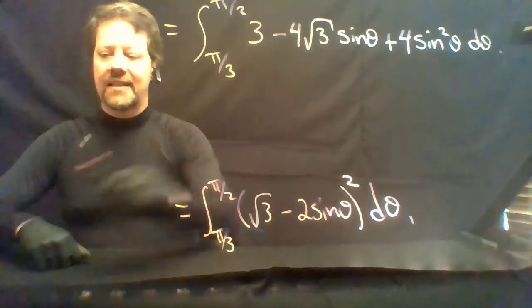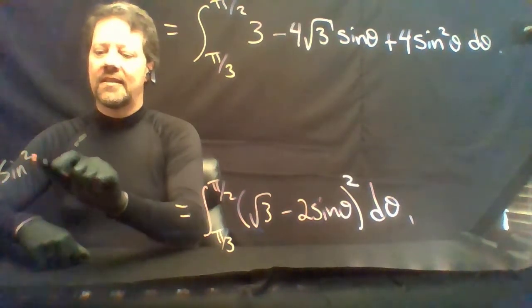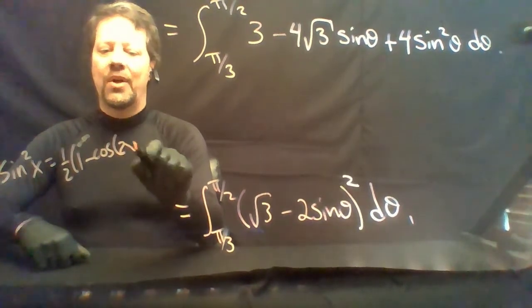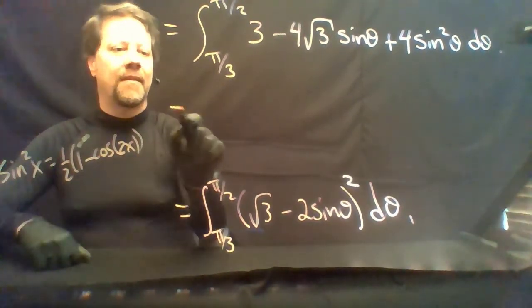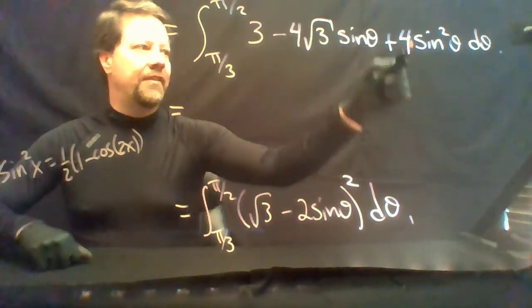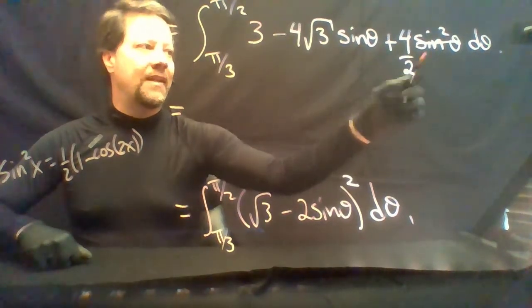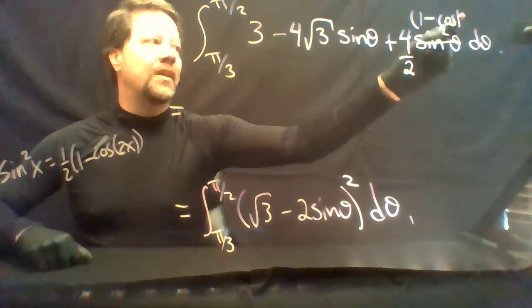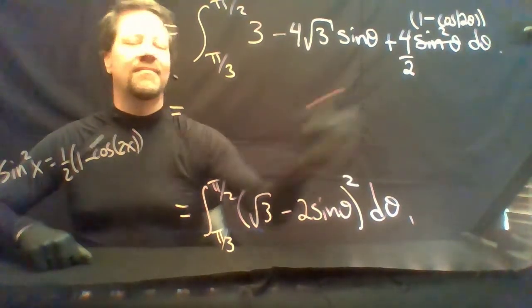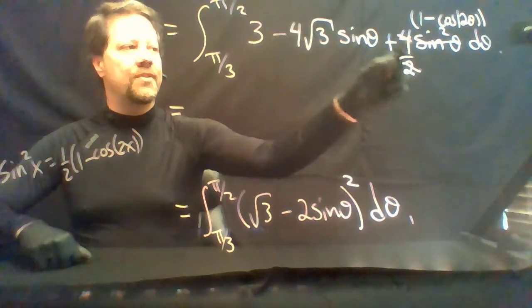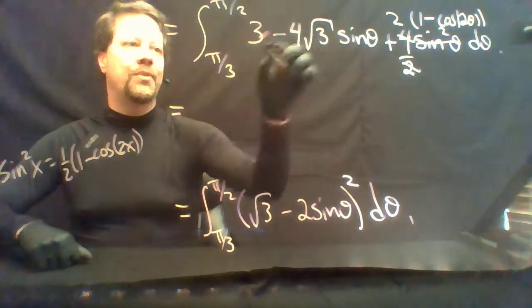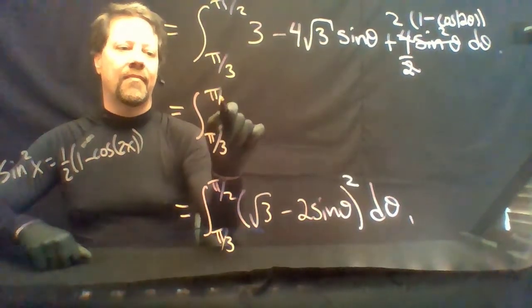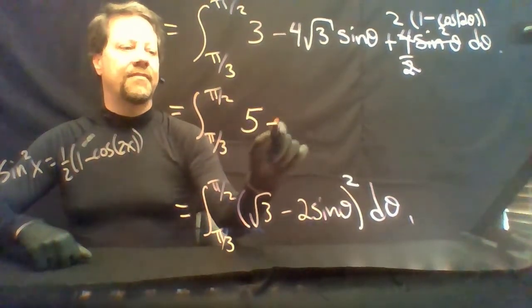Remember that when you're integrating sine squared x, it is 1/2 times 1 minus cosine 2x. So we're going to have 4 times 1/2 times 1 minus cosine 2 theta. When we distribute this 2, we'll have 2 plus 3. That's 5.